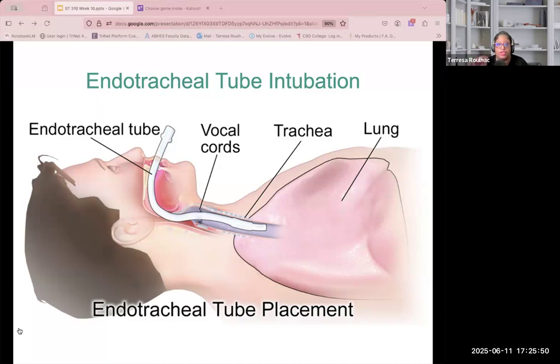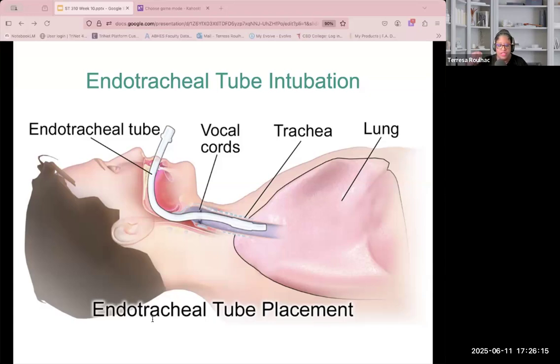Now, they are going to insert through the patient's mouth into the trachea. They're going to check for signs of proper placement. A lot of times they're auscultating and they're looking for chest rise and fall. Auscultating means they take their stethoscope and they're listening. Then they're going to measure the CO2 levels to make sure that, okay, we're in the right spot.